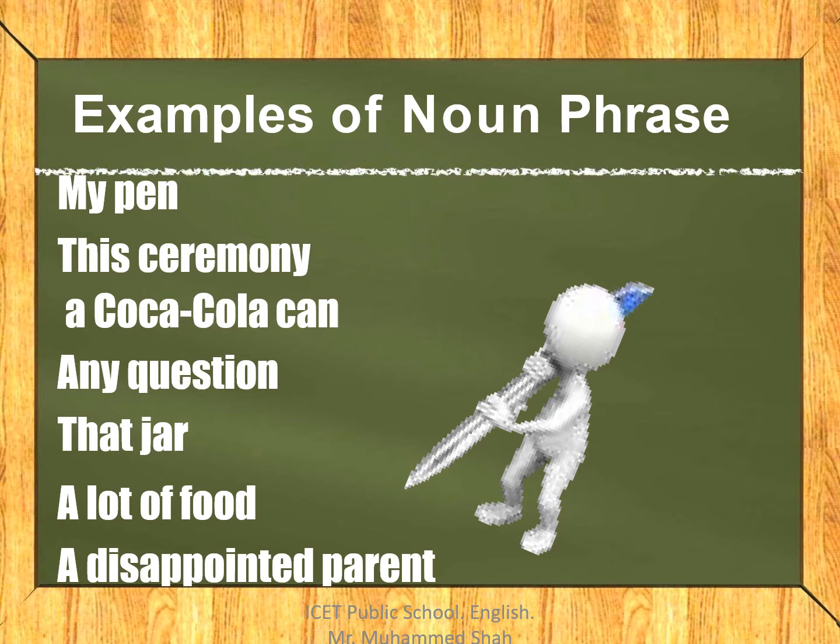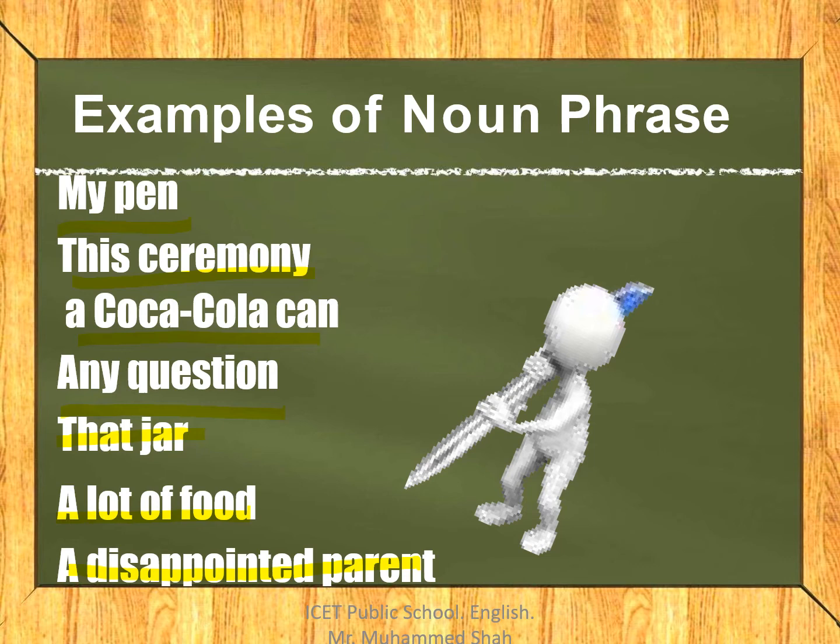I will make this clear with more examples. Look onto the screen. Here I am highlighting the noun phrases. Please, all of you, keep silence. This ceremony, a Coca-Cola can, any question, that jar, a lot of food, then a disappointed parent. These all are noun phrases.